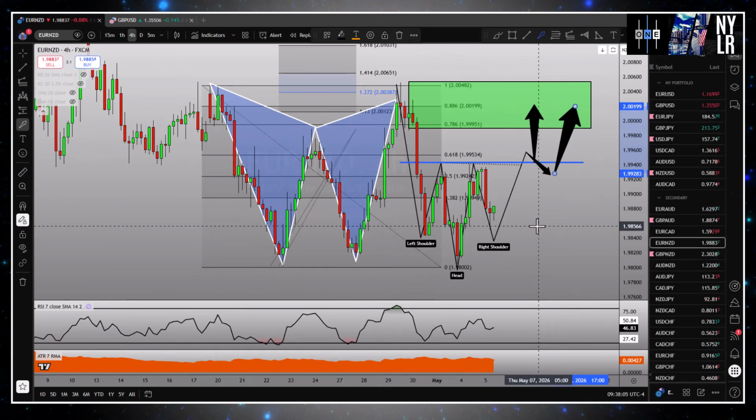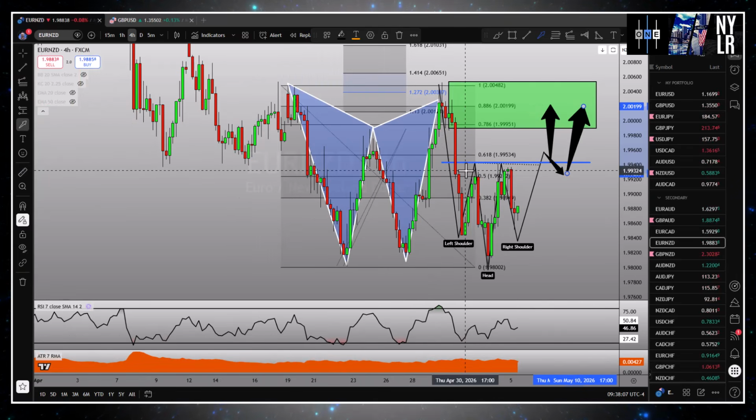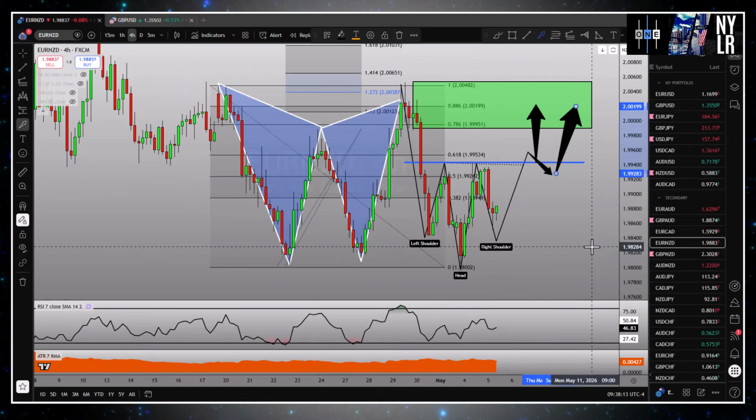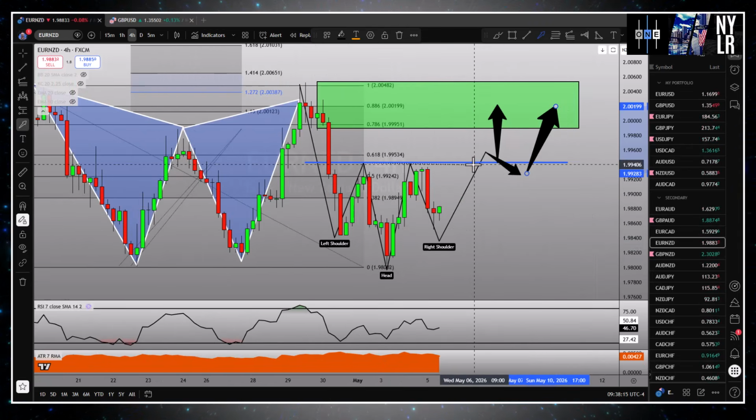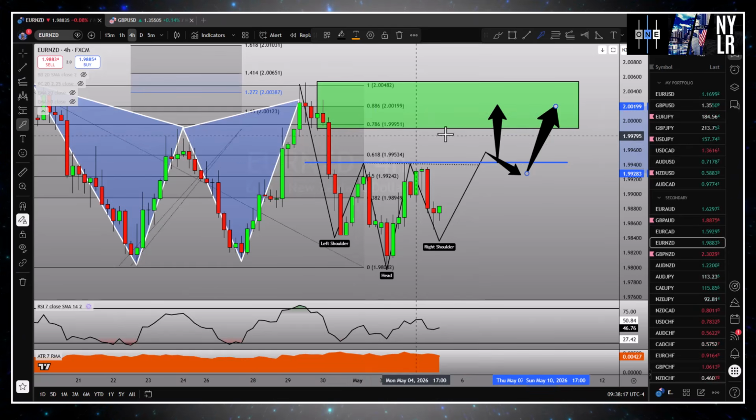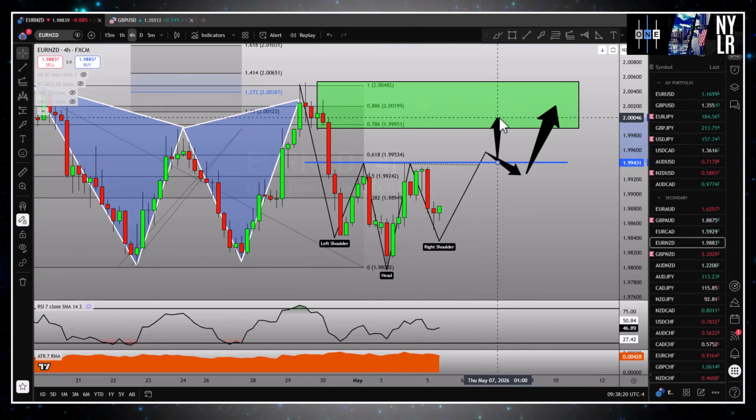In no way do I have a long-term bullish bias here on the Euro New Zealand. But short term, if we were to violate here, do I think we can test these highs of 2 even? Certainly can. And that's something that we can take advantage of as traders.